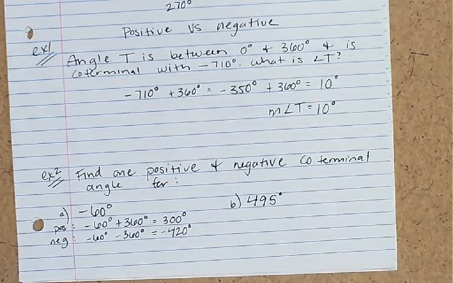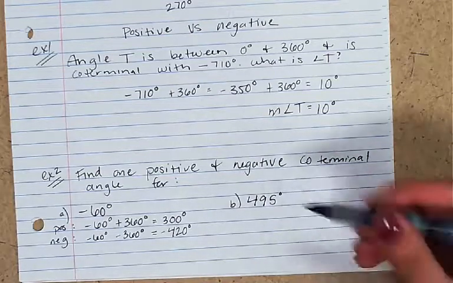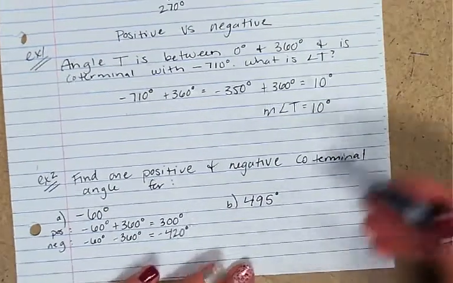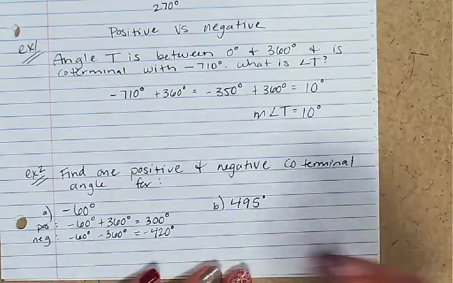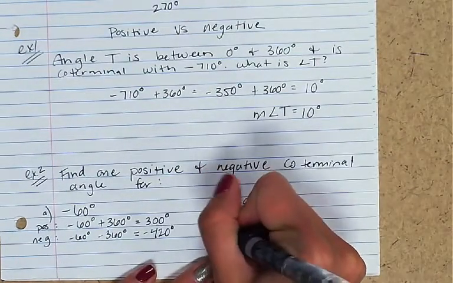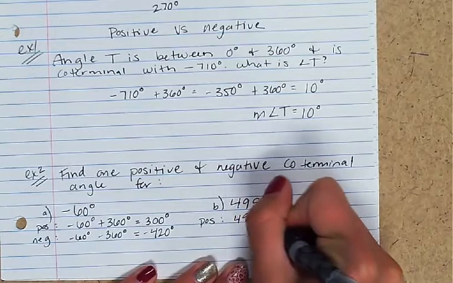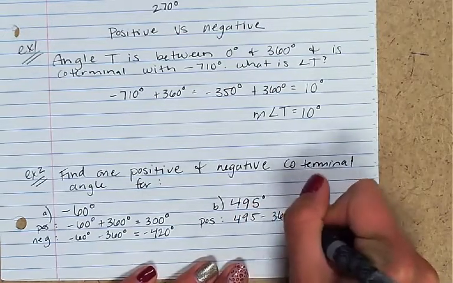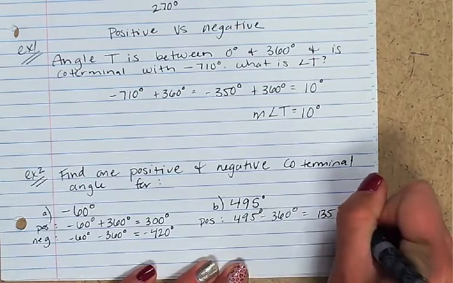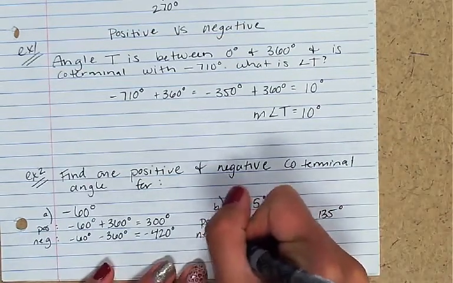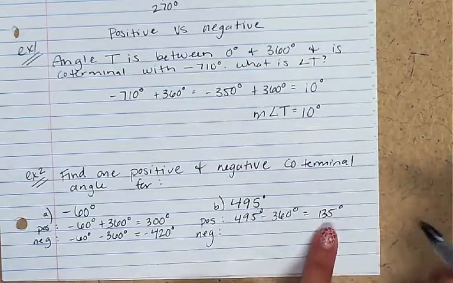Okay, now let's look at 495. If you wanted to find a positive coterminal angle, you could just add 360 onto that. Because this is more than 360 though, if I take off 360, I'm in the positive still. I'm at 135 degrees. Now, if I wanted to come up with a negative coterminal angle, I can just go from here.